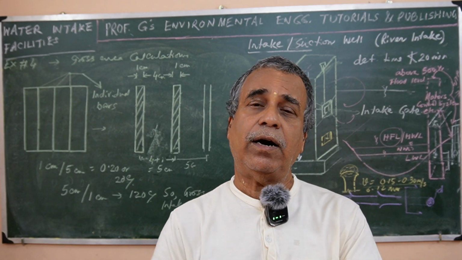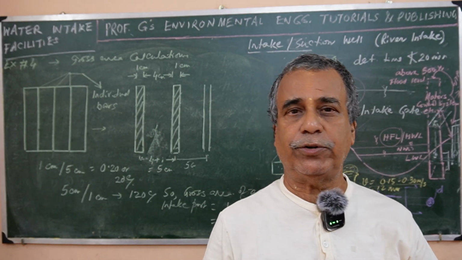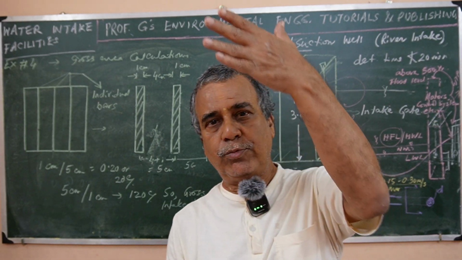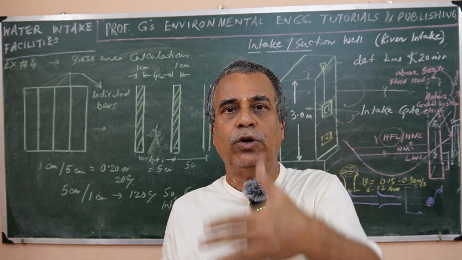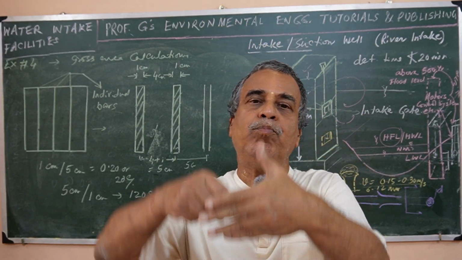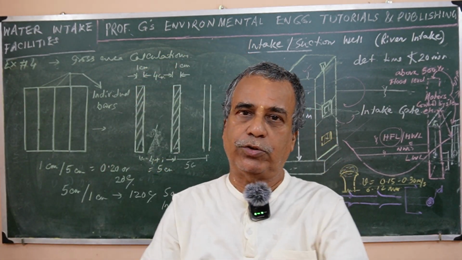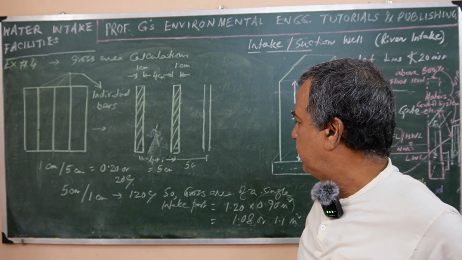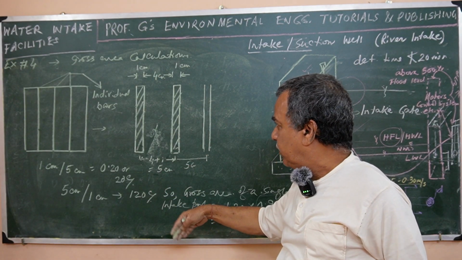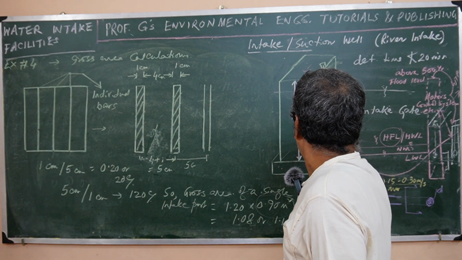After that, we are providing a gate also, because we cannot make it fully open, right? So we have to provide the gate and the bar. The entire cage will be pulled up and pushed down to make it open or close, so the area will have to cover the entire opening.